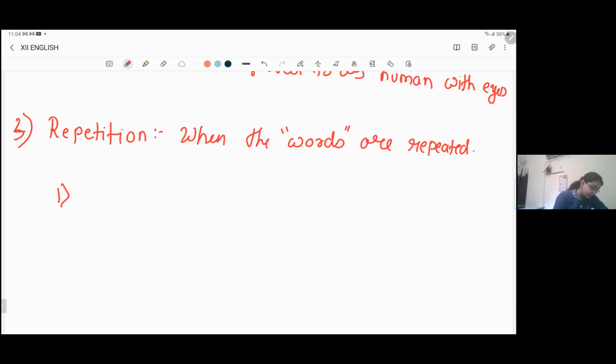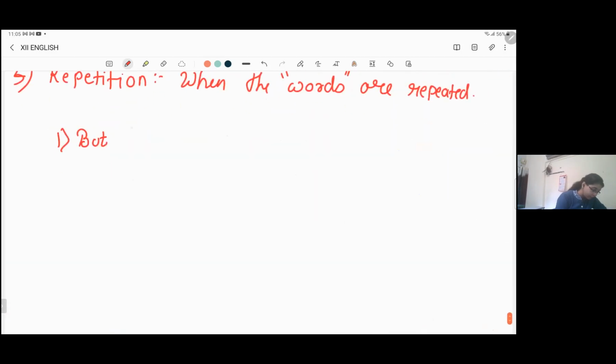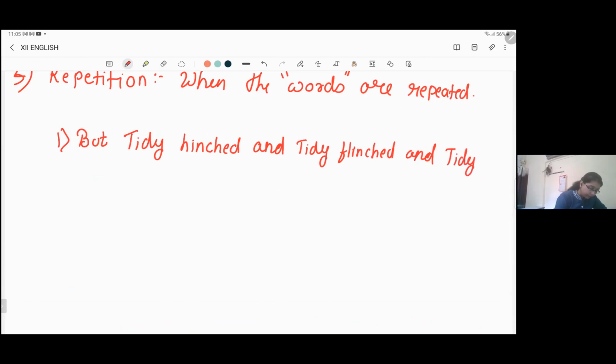Now, write the first sentence. But Tidy hinged, and Tidy flinched, and Tidy broke his nose.